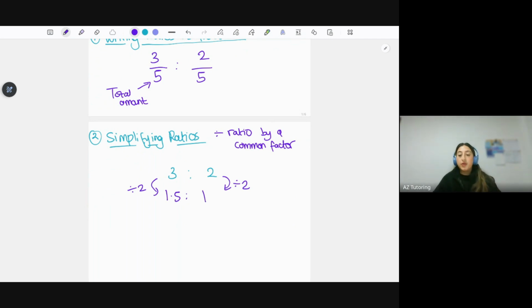So I've simplified my ratio by dividing it by 2. Sometimes they'll tell you in the exam question to divide them by 2, sometimes they won't. It just depends on what the question says. But if they haven't given you what to divide it by, just assume you're simplifying it until you can't simplify it anymore. So simplifying is you're dividing both sides by the same number.